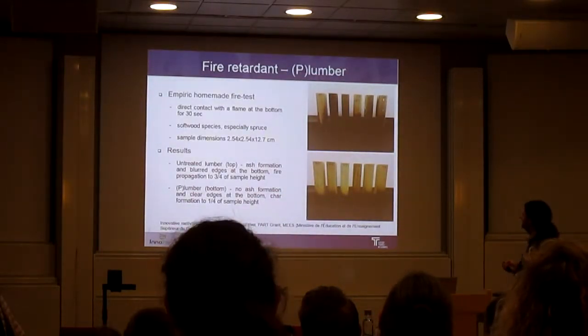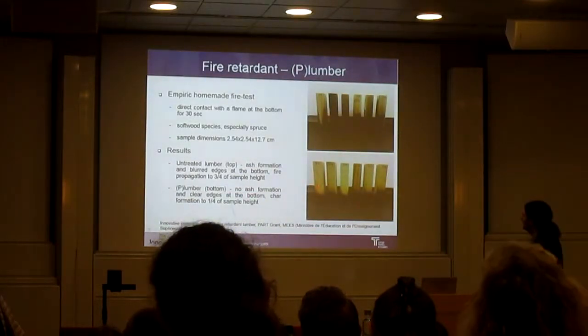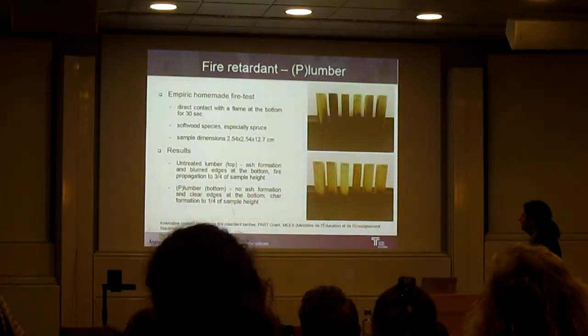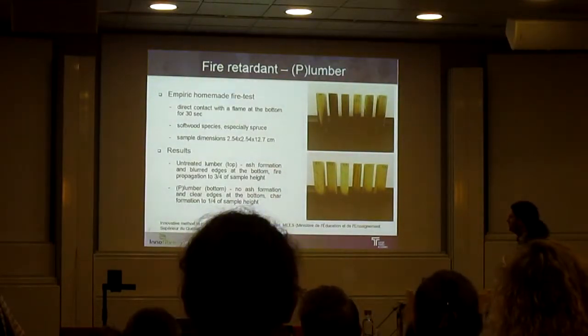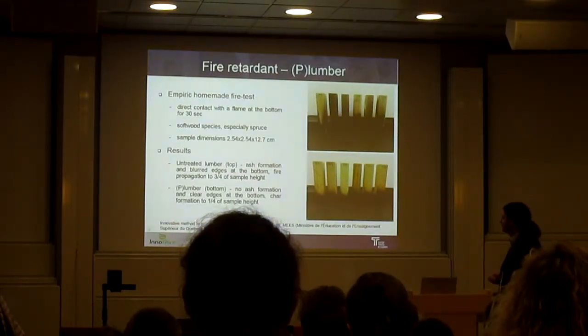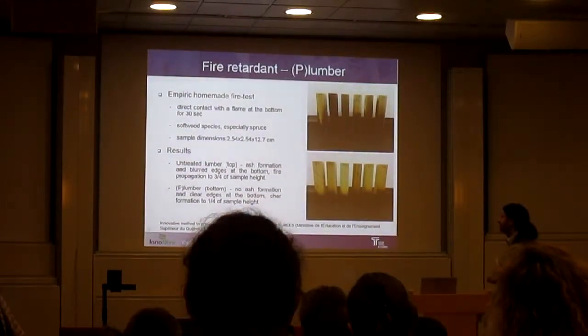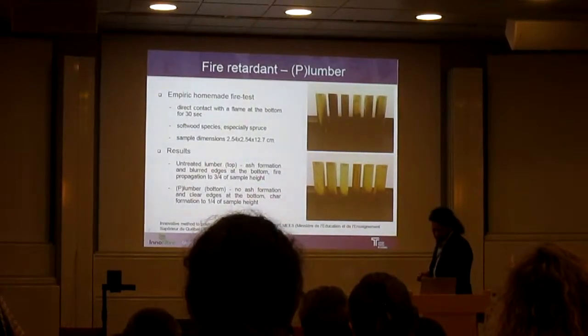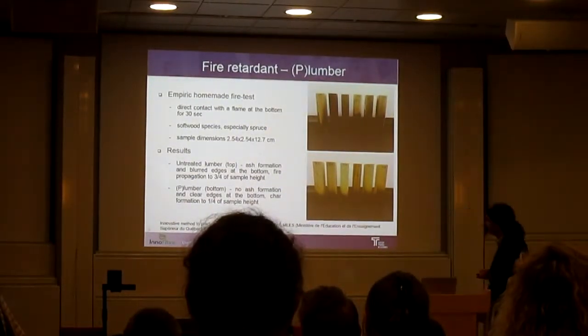The affected height of the sample is 3/4, and if you compare with the phosphorylated lumber, we have no ash at the bottom where the flame was in contact with the lumber, and we have clear edges at the bottom. The height of the char, the flame, was only 25% from the bottom where the flame was in contact with the sample.